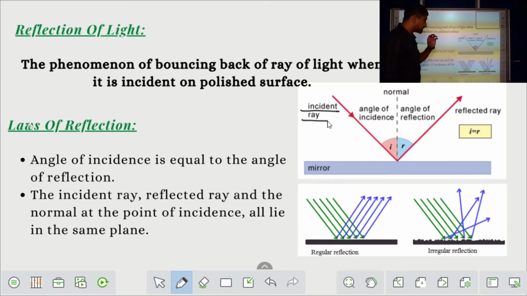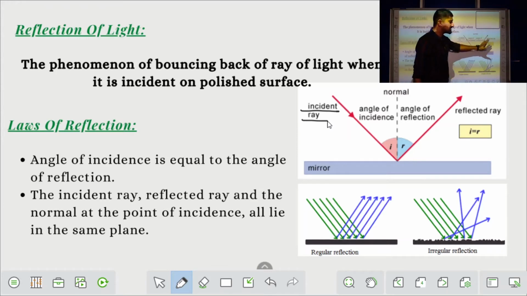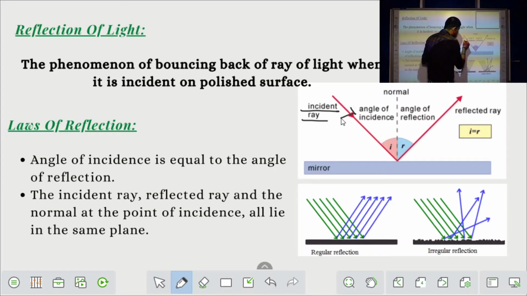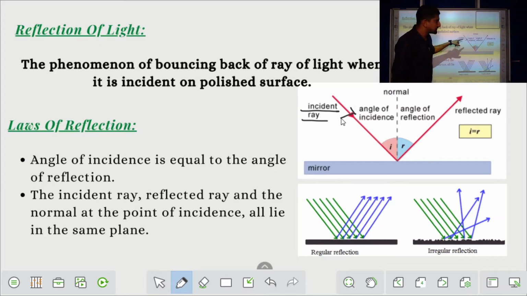Again, in this particular chapter there are a lot of diagrams that we have to practice. When I'm explaining diagrams over here, you have to make sure there are certain rules that you have to follow, and they are very strict, because if you miss out even an arrow mark, you can see an arrow mark here, which says the light ray is going in that particular direction.